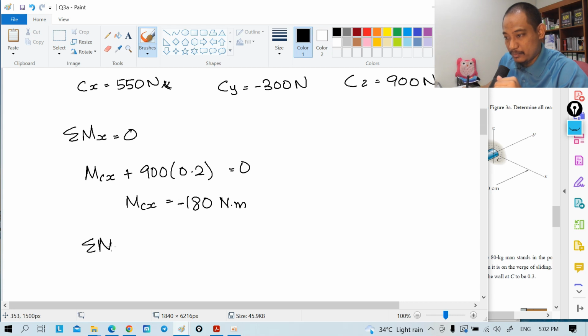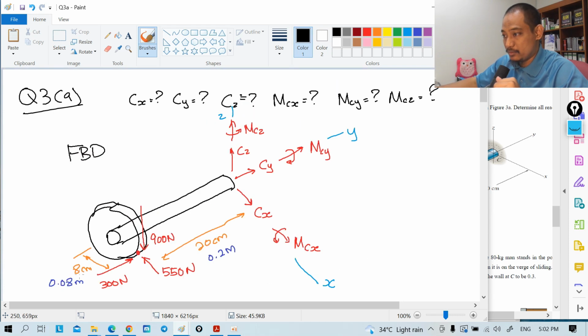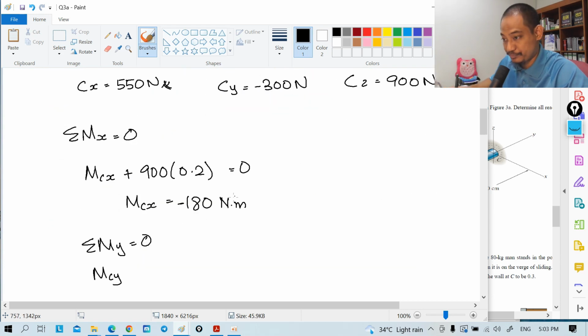Next, summation of MY equals 0. So obviously we have MCY because it rotates about Y. What about something else? This 900 rotates about Y. 300, no, because it's parallel. 500, no, because it's on the same level. So only 900 Newton here, and it's also rotation counterclockwise, so plus 900 times 0.08 plus MCY equals 0.